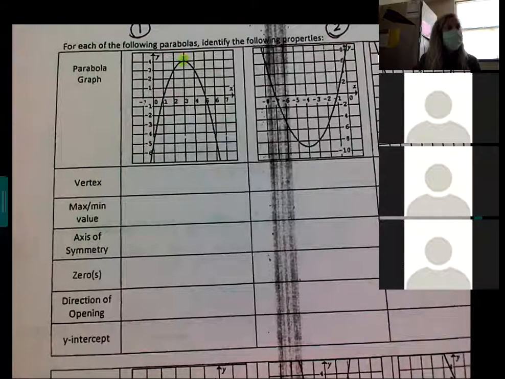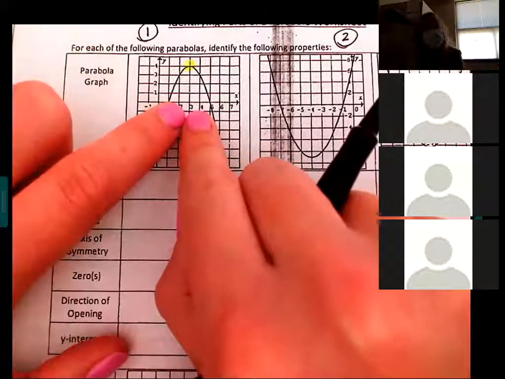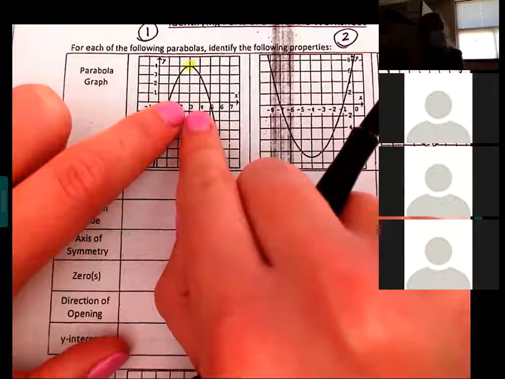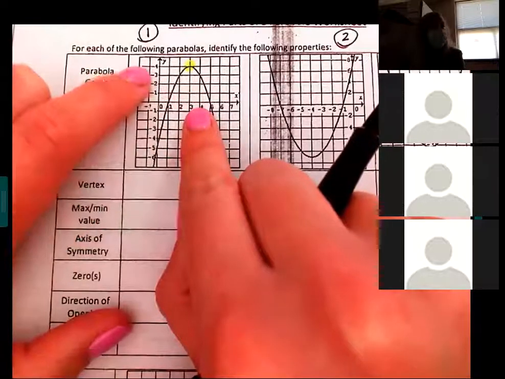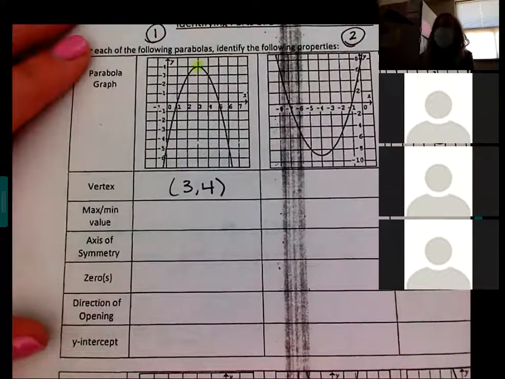Be careful. X comes first. 3, 4. Very good. It's at 3 on the X, and it's at 4 on the Y. So that would be 3, 4. That is the vertex point for this parabola.